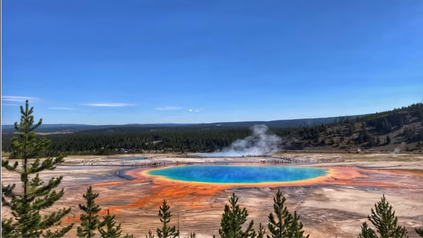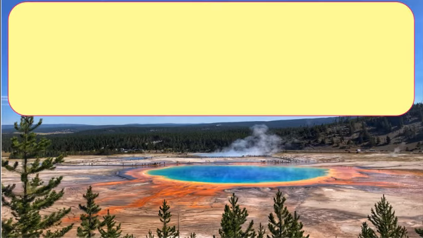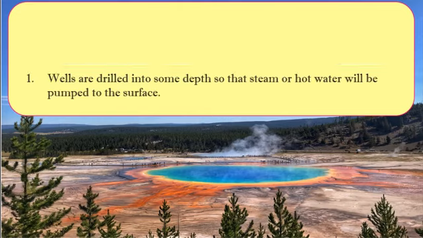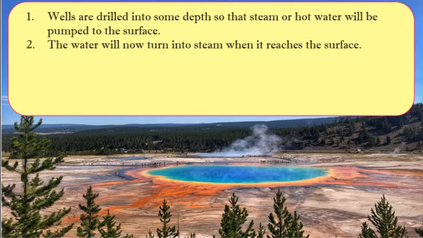So the main question is how the geothermal energy is being generated from a geothermal power plant. So these are the steps in generating geothermal energy from the power plant. First is that wells are drilled into some depth so that steam or hot water will be pumped to the surface. Next is that the water will now turn into steam when it reaches the surface.